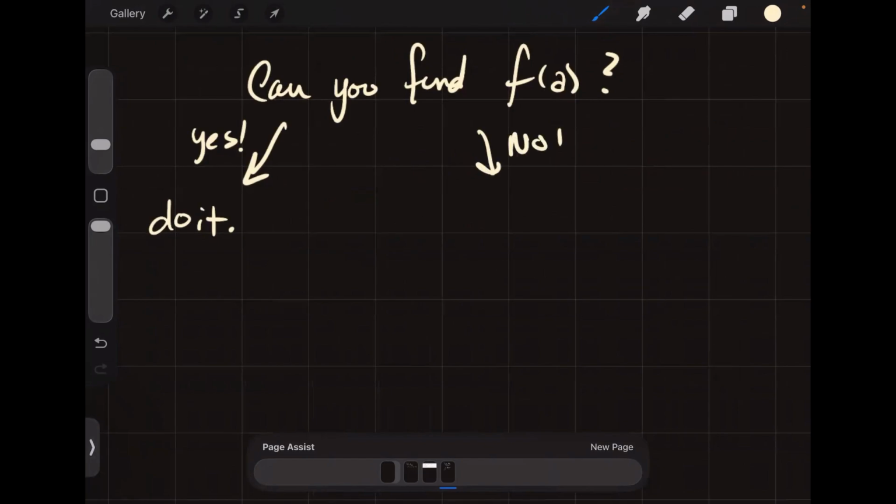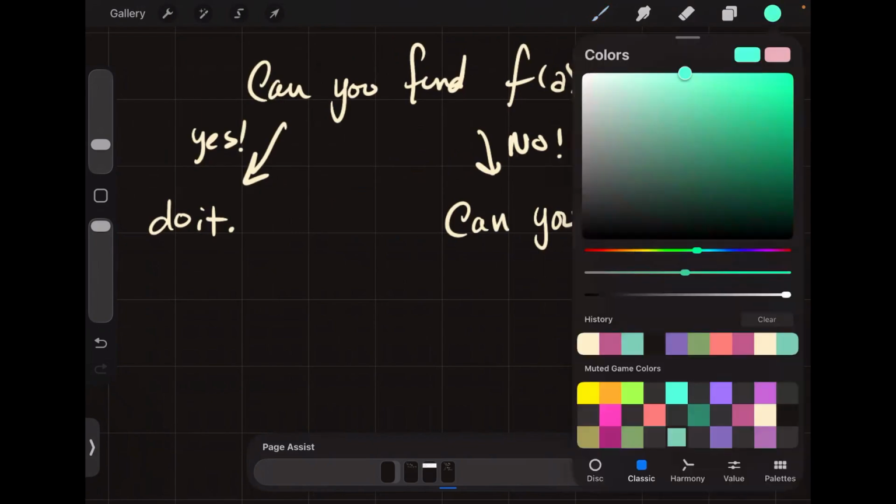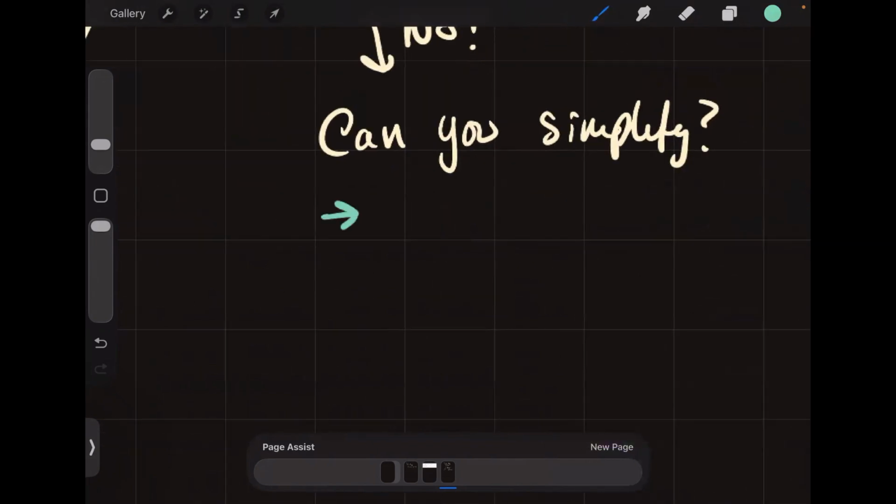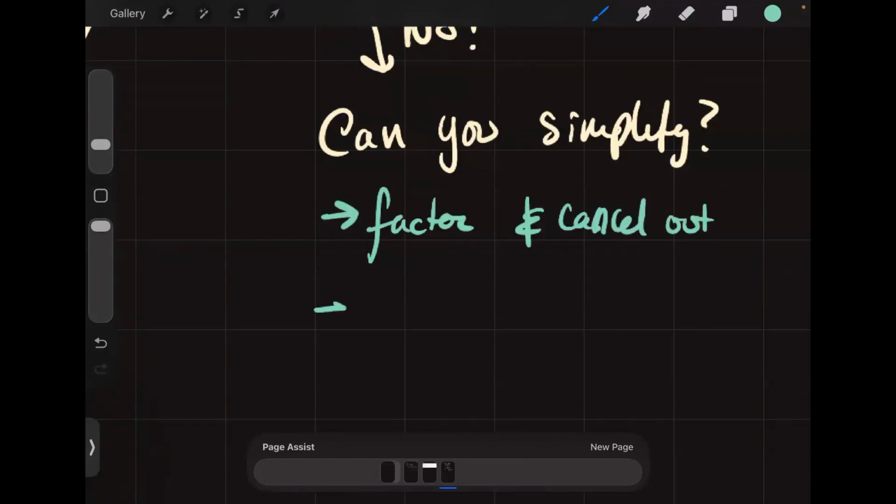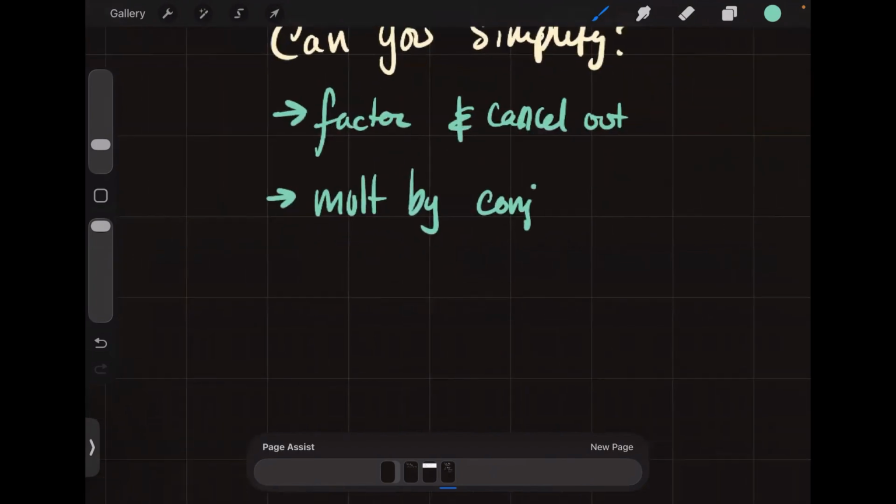No. Can you simplify? By that, I mean, can you factor and cancel out? Can you multiply by the conjugate? These are all things you should know how to do, so I'm not going to go over it.